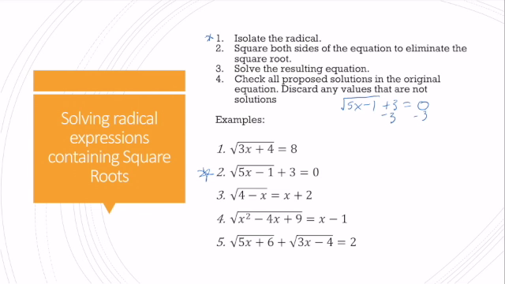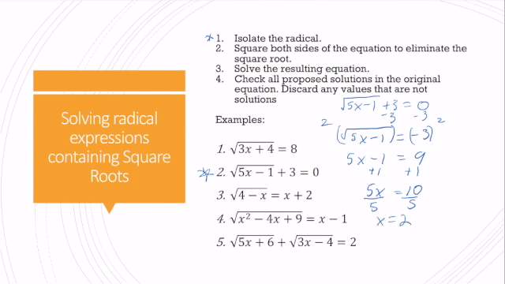That leaves me with the square root of 5x minus 1 equals negative 3. I go ahead and square both sides to cancel out the radical. That leaves me with 5x minus 1 equals 9. I add 1 to both sides. 5x equals 10. I divide both sides by 5. So I have x equals 2.